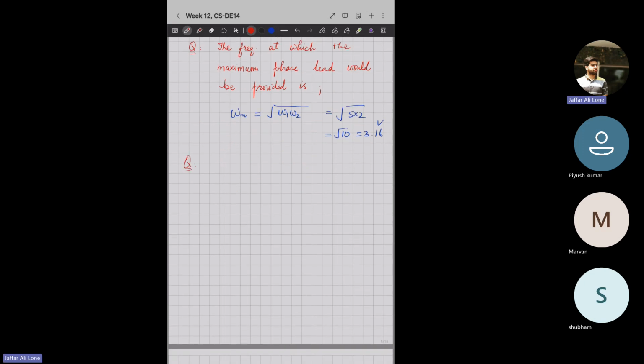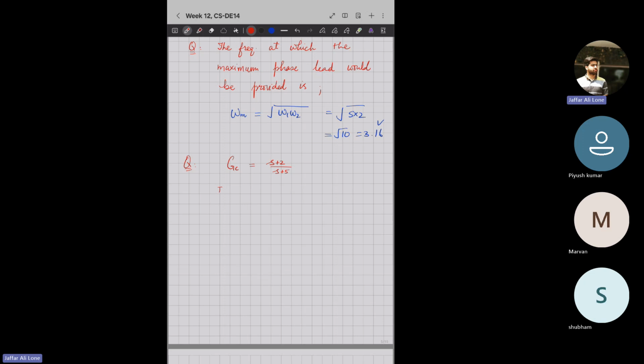Good question. I would expect all of you to solve this question. In problem 2, we have the transfer function of a lead compensator, s plus 2 divided by s plus 5.